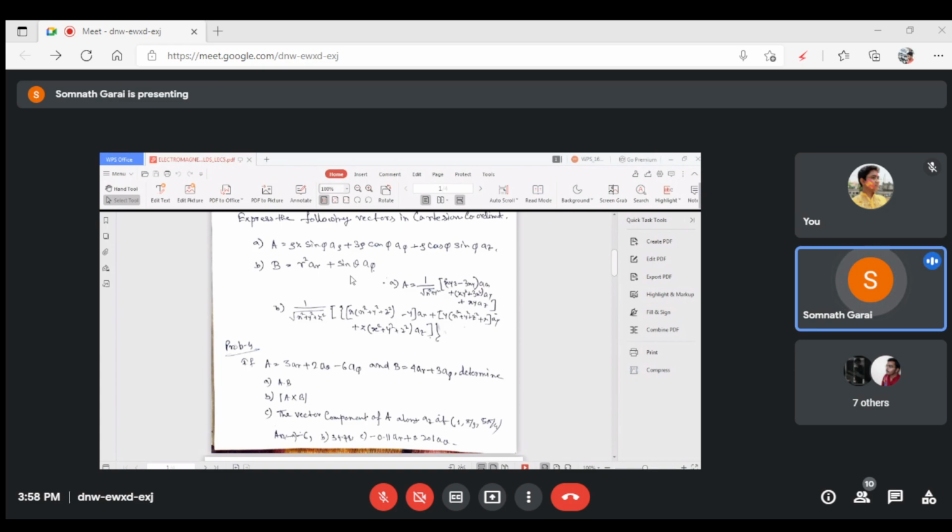And after this matrix multiplication, we determine the value of AX, AY, AZ in terms of AR, A theta and A phi. Right? AR is equal to R square, A theta is equal to 0 and A phi is equal to sin theta, according to our question.